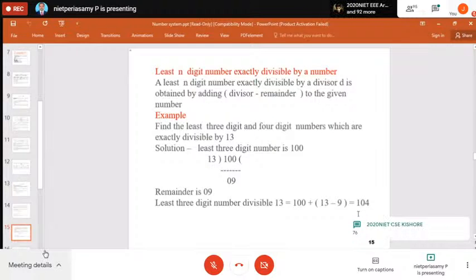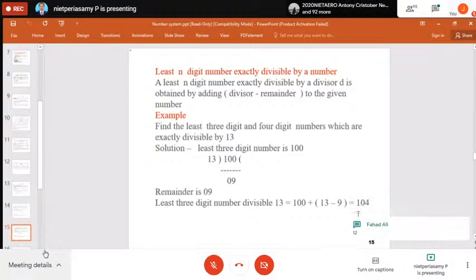When you divide 1000 by 13, what is the remainder? 76 is the quotient. The remainder, the last one. What is the remainder? 12, sir. So the remainder is 12.